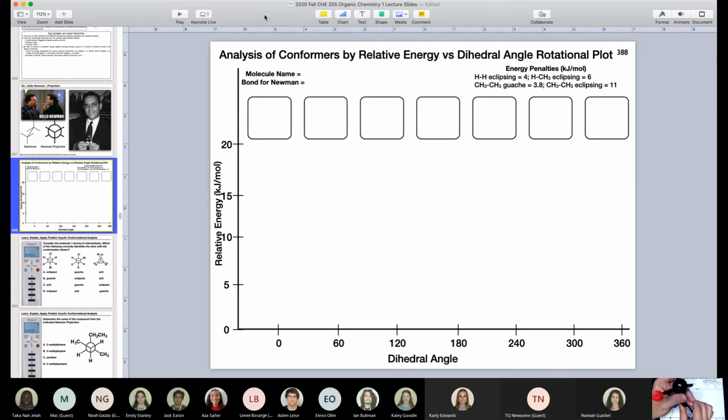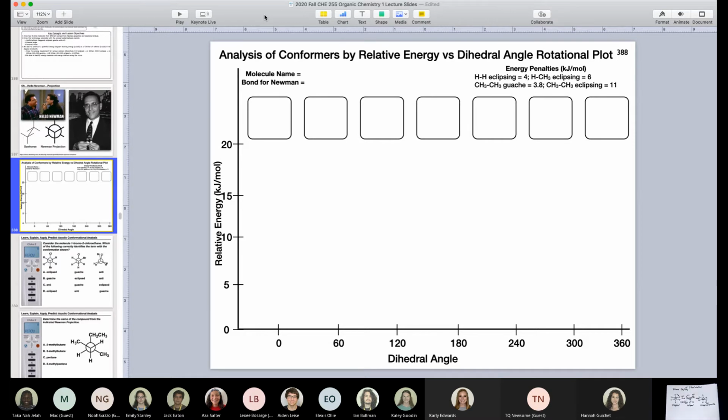So there's enough energy at room temperature for this to spin really fast, but it does create a penalty. There has to be heat put into the system to get over that barrier. So keep in mind, even though we're dealing with static things, they're always in motion.